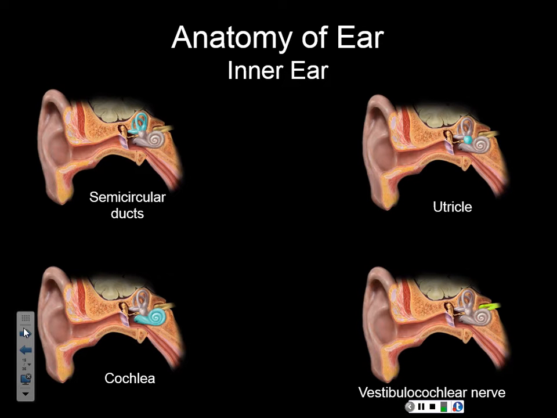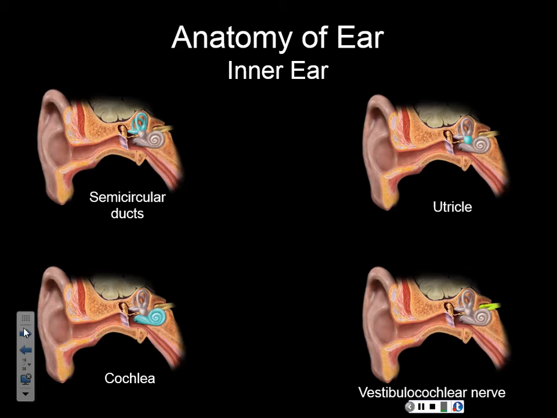We got the dynamic equilibrium there with the semicircular canal. We got, in fact, the vestibule is kind of divided into the utricle and the saccule, okay, because they got two different kinds of hair cells.